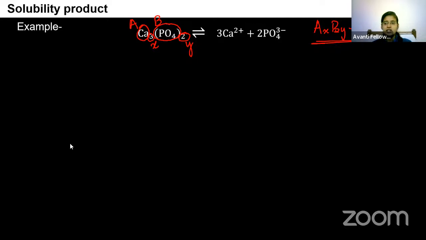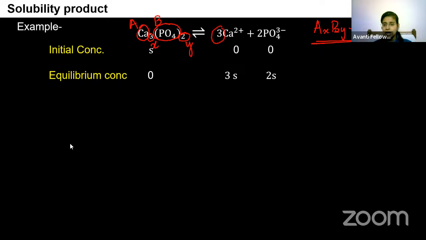The initial concentration will be S for calcium phosphate and there won't be any concentration for the product. At equilibrium, we will have the concentration of the product. Here we have 3 cations and 2 anions, so it will be 3S and 2S. This is the equilibrium concentration.